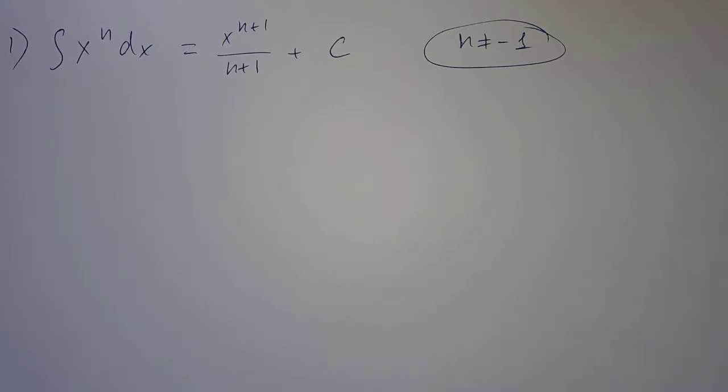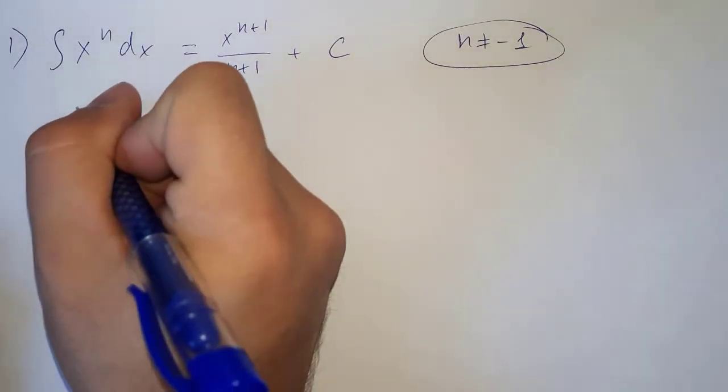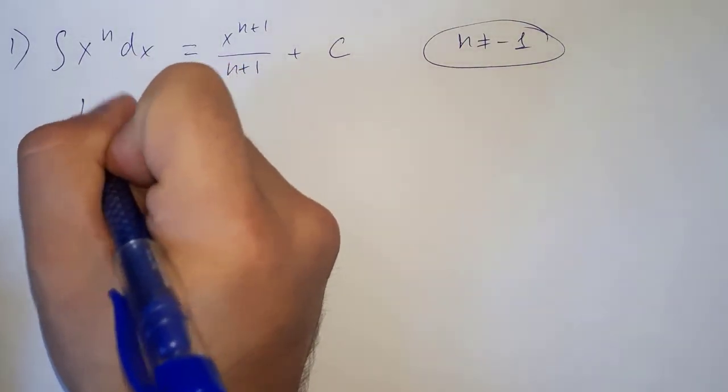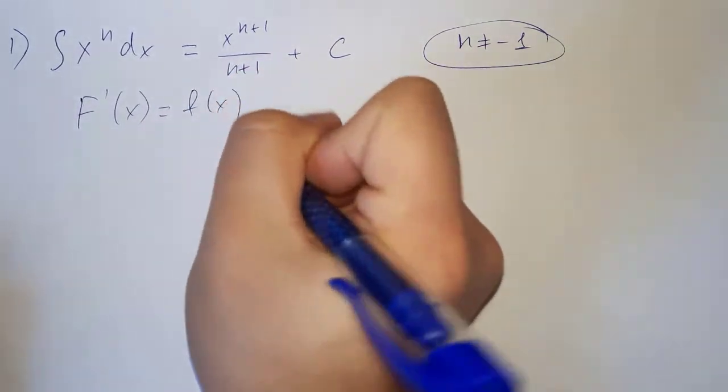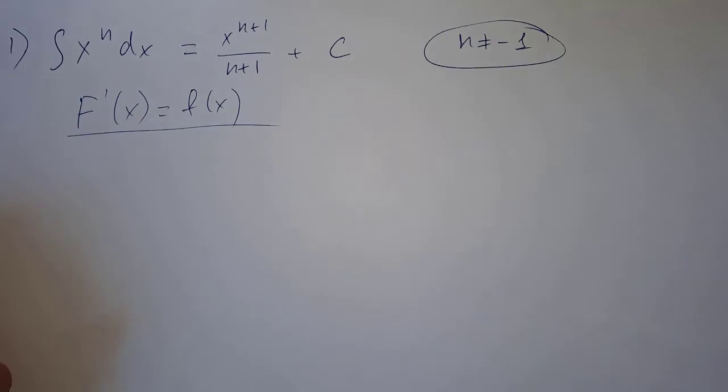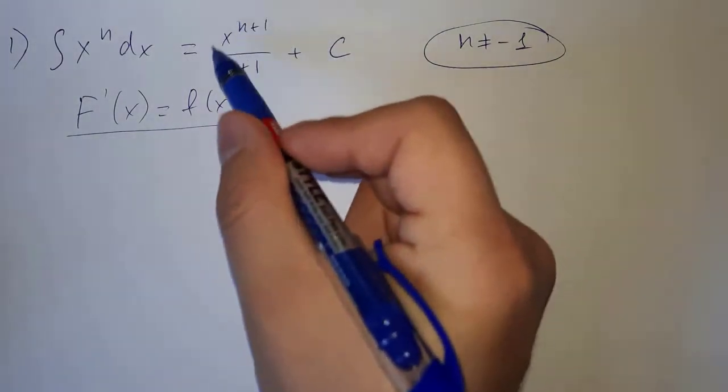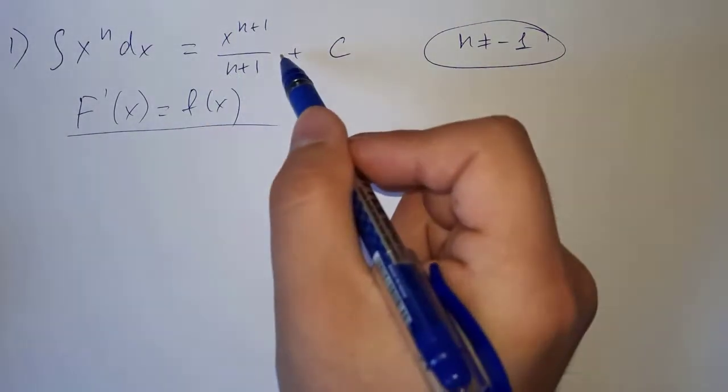So now let's check it. How to check it? We wrote that the derivative of the primitive should be equal to f of x, and this is very useful to check our solution. For example, this is the primitive of our function.